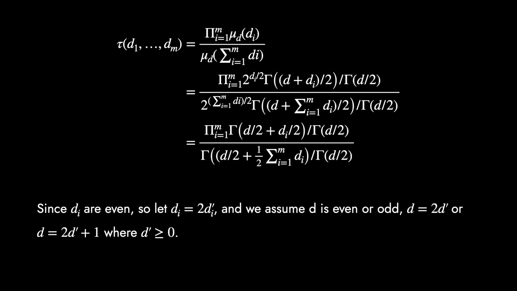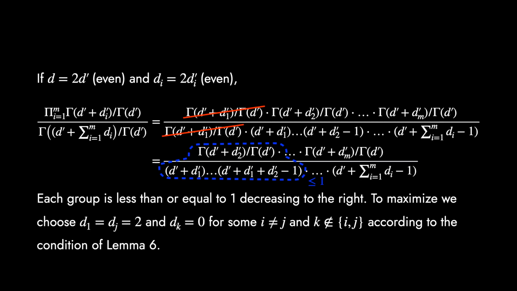Since the i's are even, let i be 2 d prime i, and we assume d is even or odd. If d is even, and of course i is also even, each group in the blue dashes is less than or equal to 1, decreasing to the right. To maximize, we choose di and dj to be 2 while the others are zeros, following the condition of lemma 6.